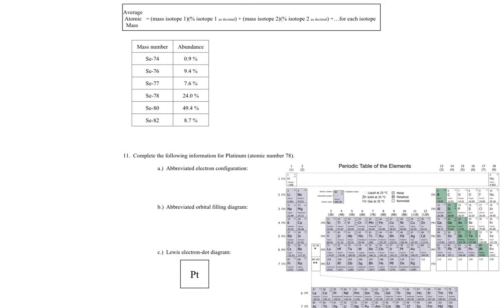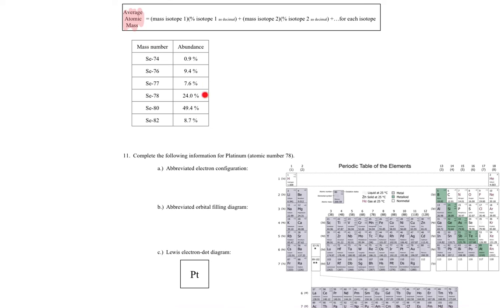Page 4 starts with an average atomic mass question. You will be given this formula on here. So we are going to find the average atomic mass of selenium to answer this question, which uses this formula. What we're really trying to find here is the average atomic mass.